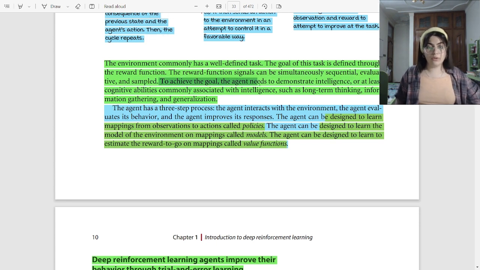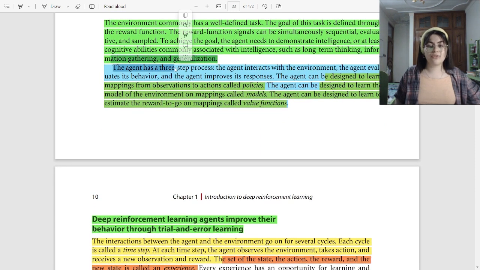To achieve the goal, the agent needs to demonstrate intelligence, or at least cognitive abilities commonly associated with intelligence, such as long-term thinking, information gathering, and generalization. The agent has a three-step process: it interacts with the environment, evaluates its behavior, and improves its responses. It can be designed to learn mappings from observations to actions called policies.